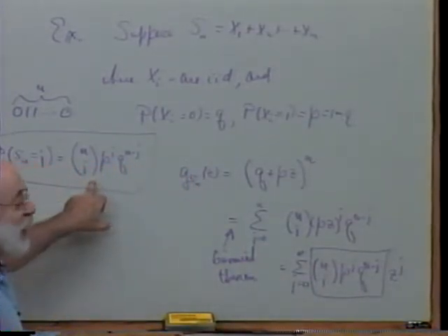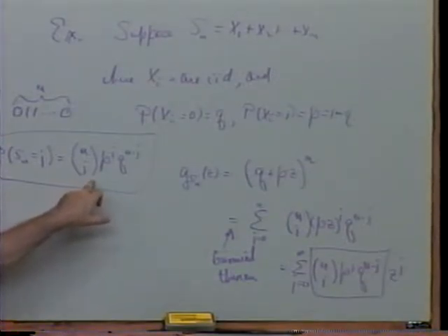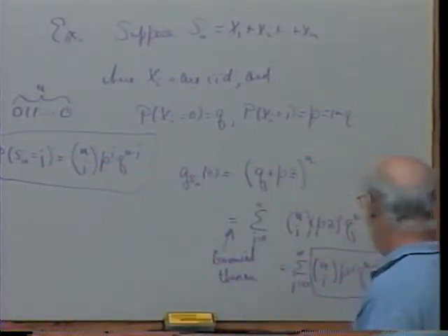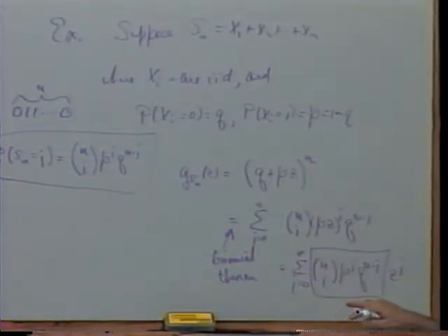It generates exactly the same as what we had before by a different argument. So what this shows formally is that the probabilities for j running from 0 to n are given by those formulas, and for every j greater than n, the probability is 0. So there are only a finite number of terms in this infinite series. The coefficients of all the terms from n plus 1 on up are 0.